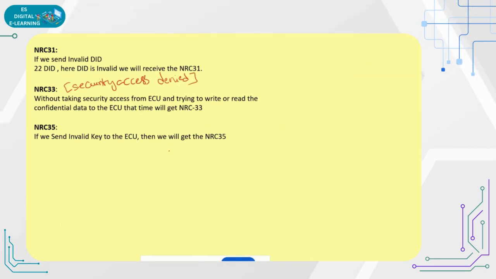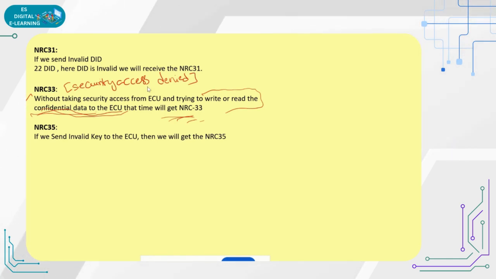Write down the simple step: without taking security access from the ECU, trying to read or write the confidential data to the ECU, we'll get NRC 33.